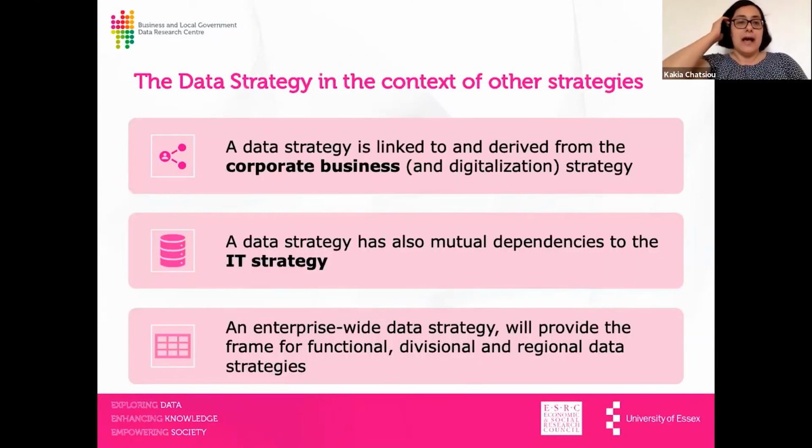So a data strategy should not be considered on its own. It's not a standalone strategy that should exist without any input and alignment with other strategies and activities across the organization. Whenever you talk about data and the activities around it, you should think first and foremost about your business strategy, your corporate or charity business strategy.